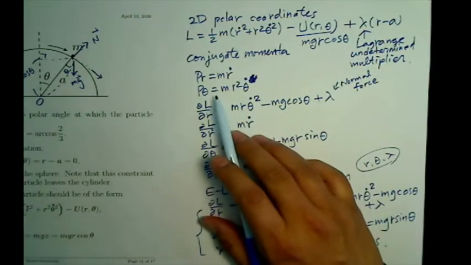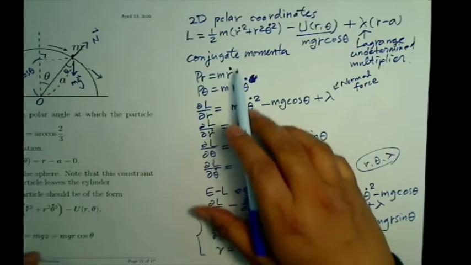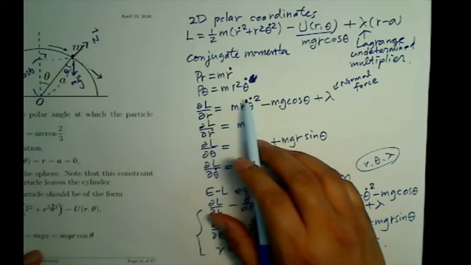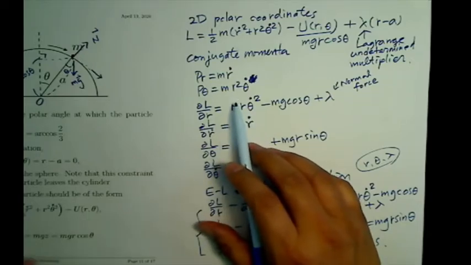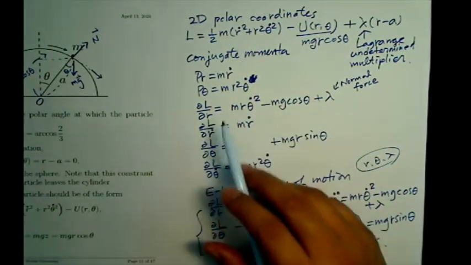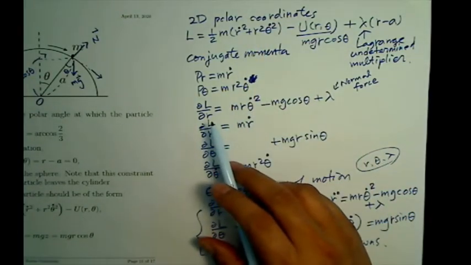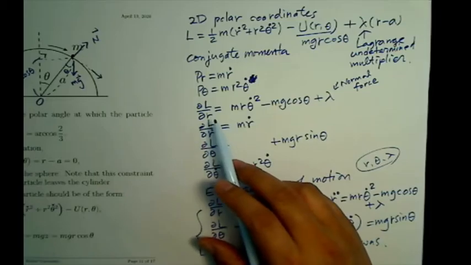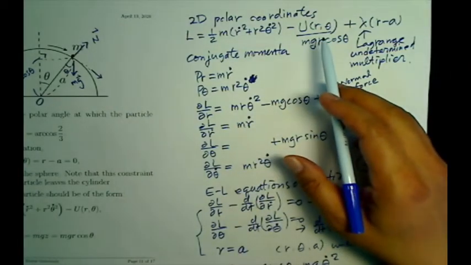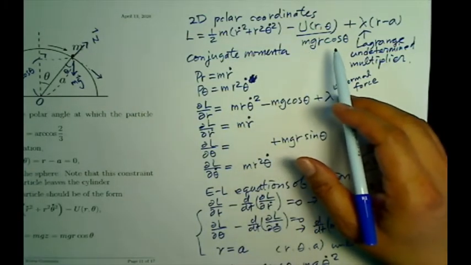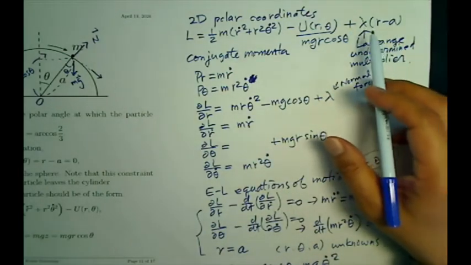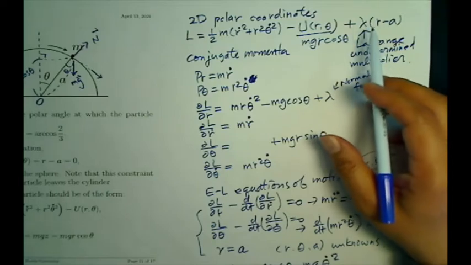The conjugate momentum PR is m r dot, the derivative of L with respect to r dot, and p theta is the angular momentum along the theta direction. The Lagrangian can be differentiated with respect to r. There's an m r theta dot squared, and the potential depends on m g r cosine theta, so m g cosine theta with a minus sign, and the constraint force can be obtained from the derivative with respect to r.